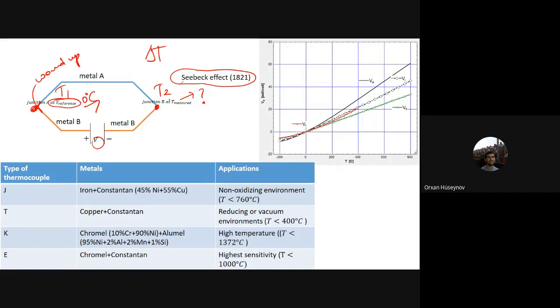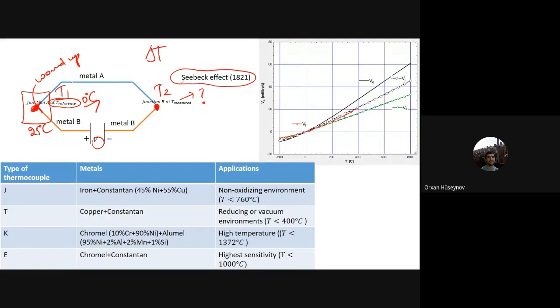I think you should know it from your physics course. So you have two junctions between two metals, metal A and metal B. It can be iron, copper, or other combinations I will show you. I am heating one part, and this part is not heated. This is at, for example, room temperature, 25 degrees Celsius. As I heat this part, there will be voltage, electron flow.